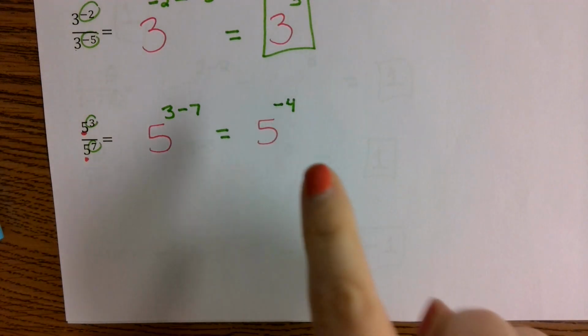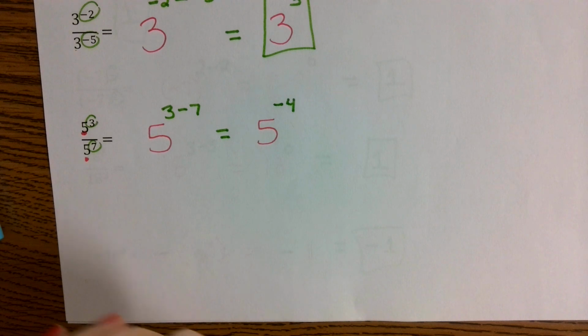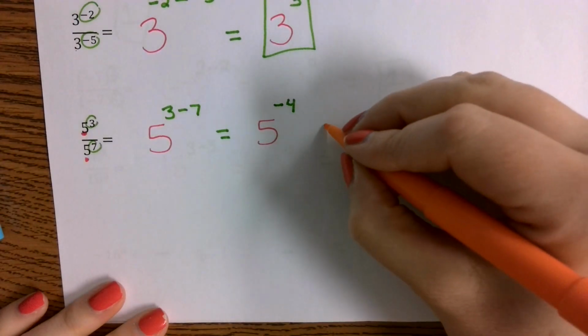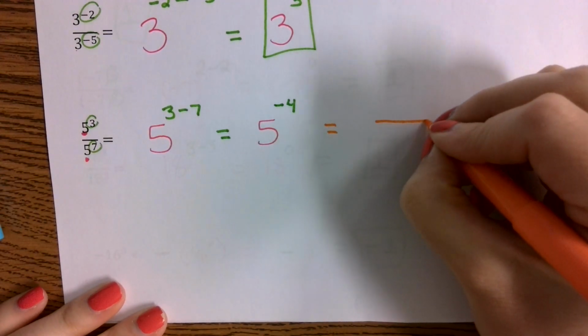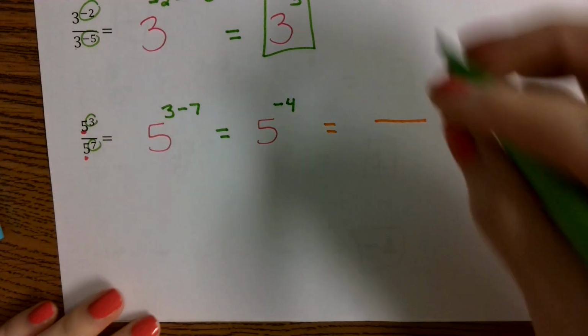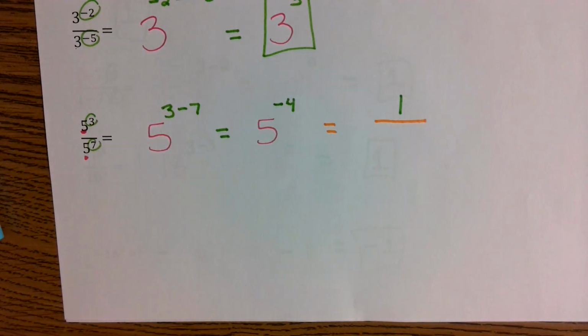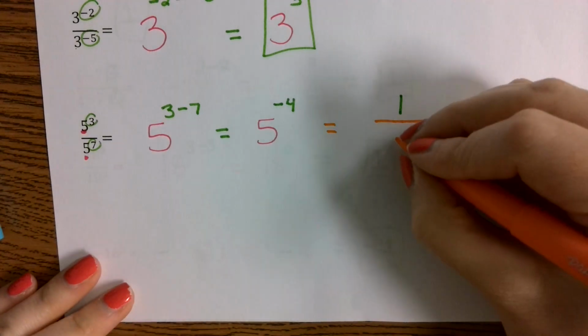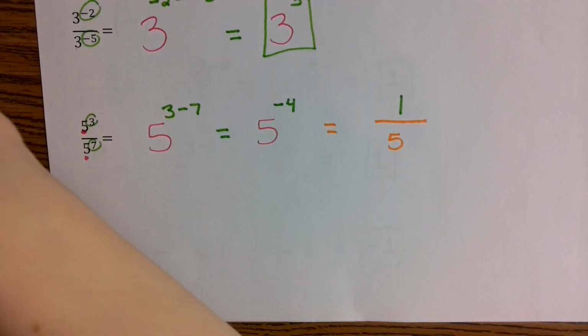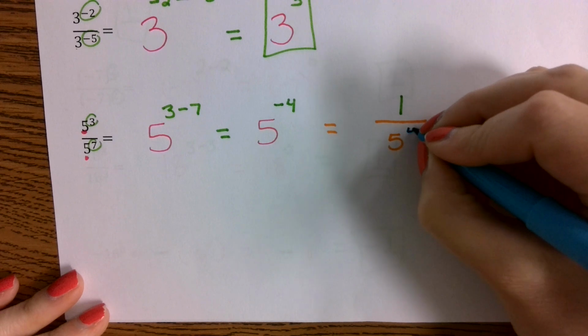Can I have a negative exponent? No, I cannot have a negative exponent. So we're going to rewrite it. What's going to go on top? A 1. What's going to go on the bottom? 5 to what power? To the fourth. 5 to the positive fourth.